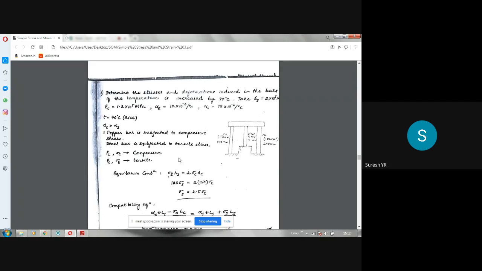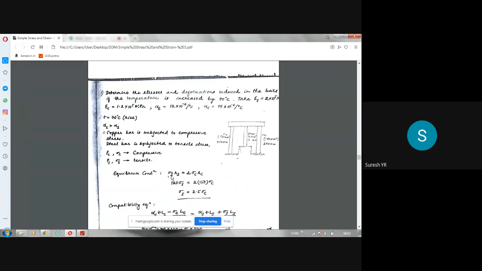Now we are using two conditions for finding the stresses. One is the equilibrium condition, the other is the compatibility condition. There are three bars. One bar is steel, and the tensile force developed in the steel is PS. The compressive force developed in copper will be PC. So the equilibrium equation is PS equal to 2 times PC, because there are two copper bars.